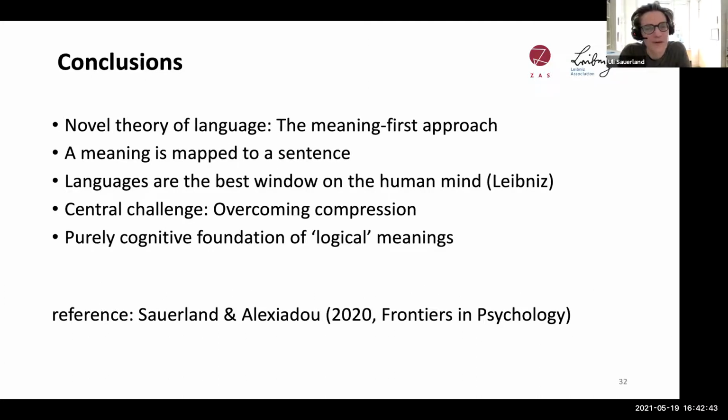Child language is the best way of doing that. On this approach, which may be relevant for the general theme here, the purely logical meanings, which the assumption was that we share to some extent with a crow, would have a purely cognitive foundation, and this includes logical aspects of the content words, like being an object or being an event description.